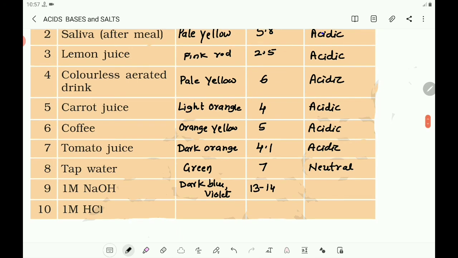As it is more than 7, you can say it is basic in nature. And 1M HCl. The color of the pH paper is red. Then the approximate value of pH is 1. So you know that it is acidic in nature. That is a strong acid.